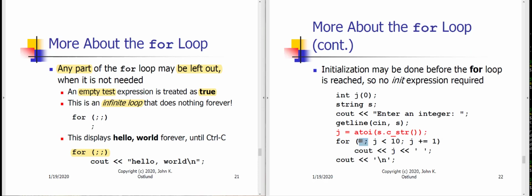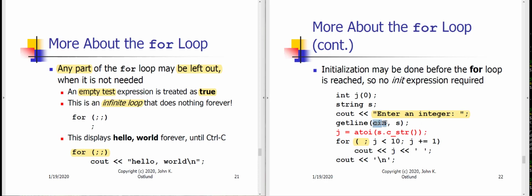In this loop, on slide 22, we have an example where the initialization part is left empty, because what we're doing here is we're asking the user to enter an integer as input.